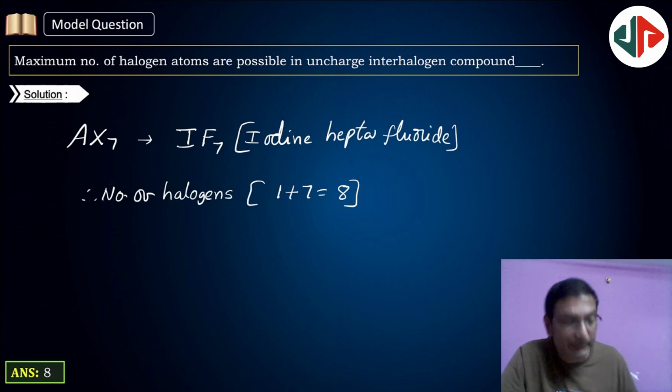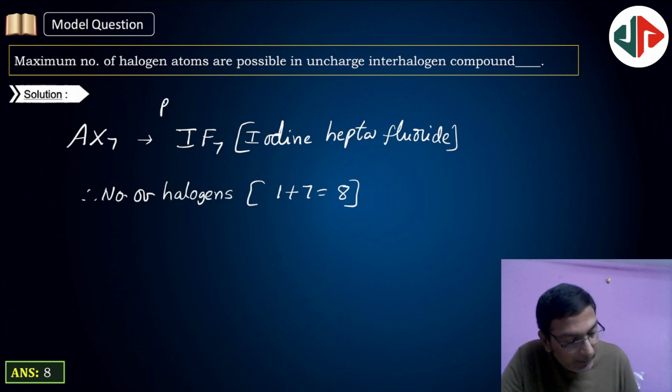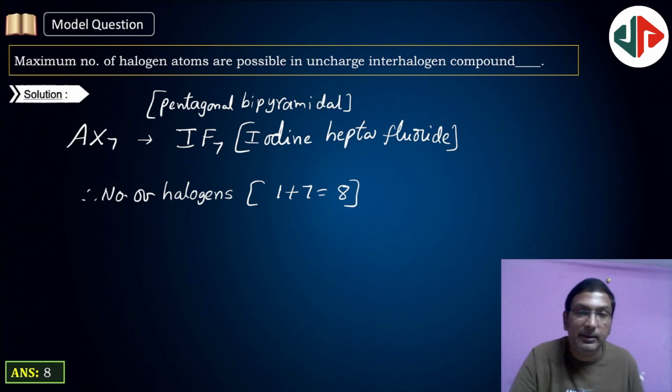Maximum 8 in an uncharged neutral molecule. AX7 type interhalogen compounds will have a maximum of 8 halogen atoms. Iodine heptafluoride. So the structure will be pentagonal bipyramidal. Pentagonal bipyramidal geometry. Remember this point also.